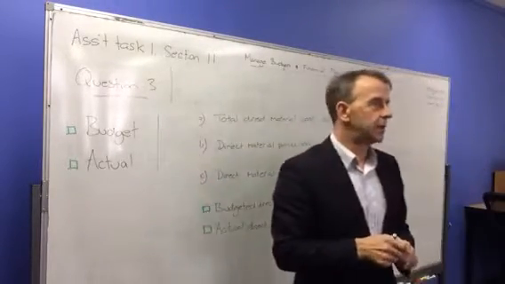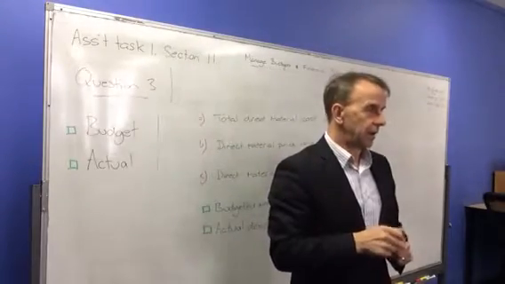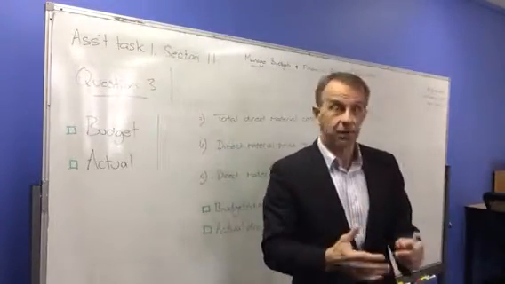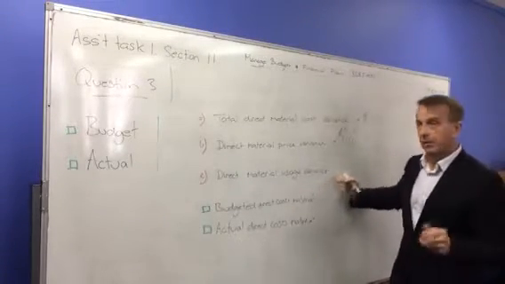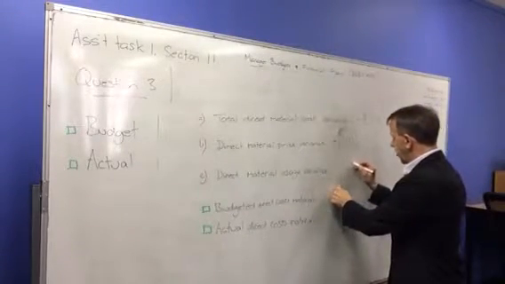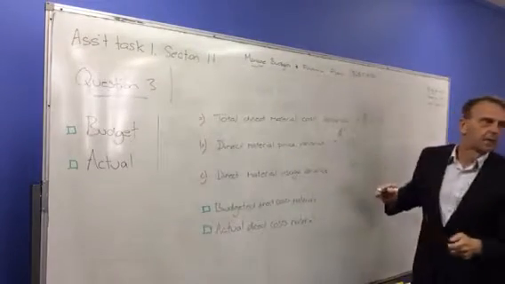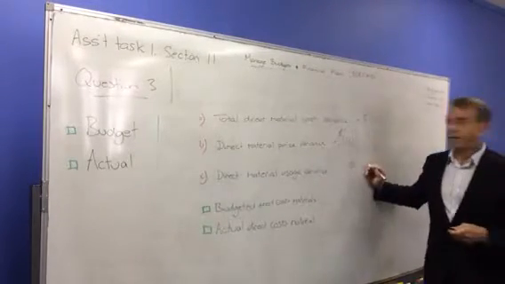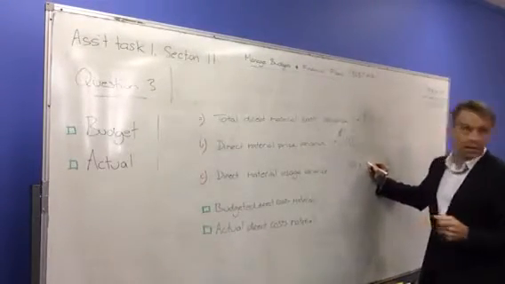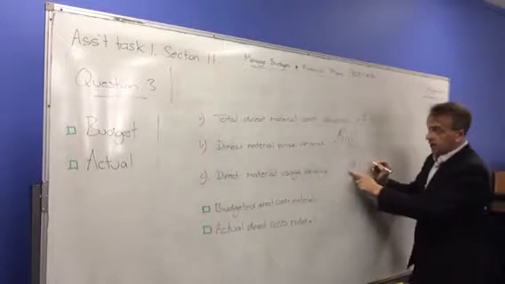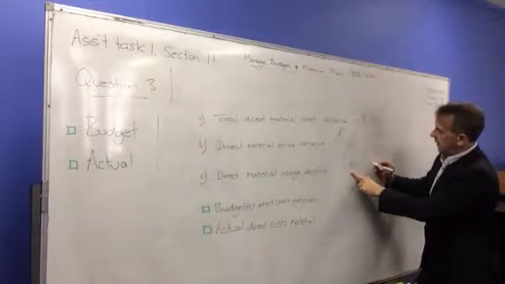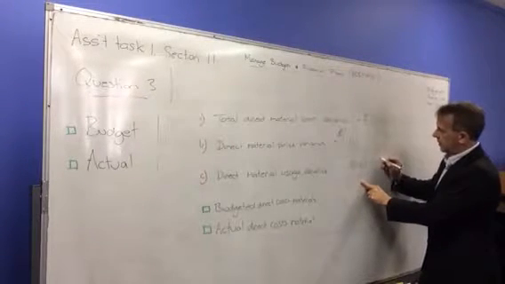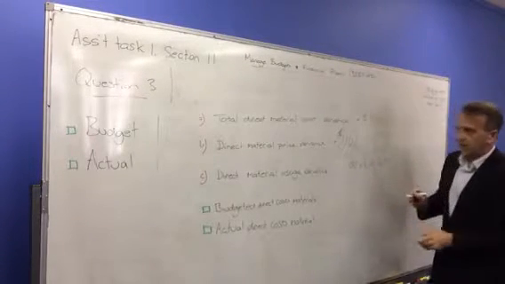In the direct material usage, we're talking about the flour here, the material. So what was budgeted for? 100 cakes at 2 kilos per cake, so 100 cakes and 2 kilos of materials equals 200. Thank you.